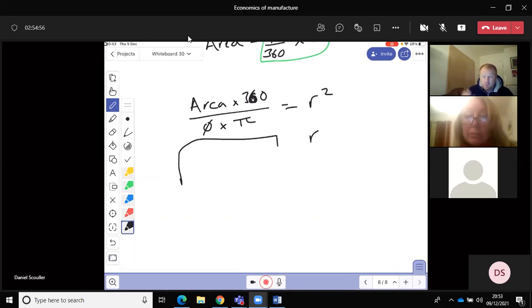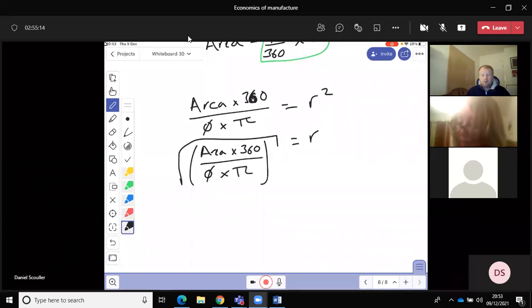You just put root 25 in there. You wouldn't put a root over all that, but essentially what we're doing is putting that whole equation and rooting it.